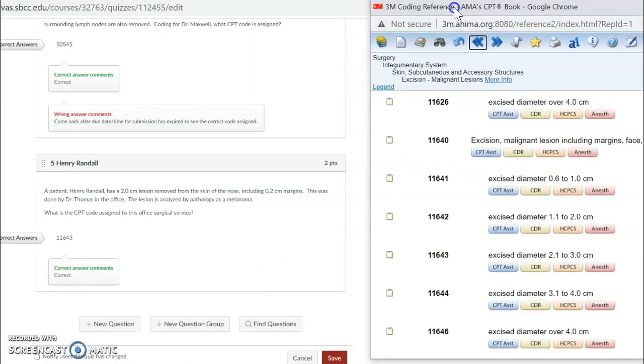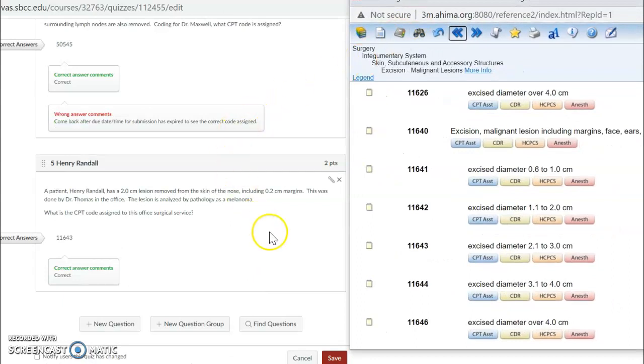Okay, so the very last one here, Henry, sorry about that. He has a 2.0 centimeter lesion removed from the skin of the nose, including 0.2 centimeter margins. So it's done by Dr. Thomas in the office, sent to pathology. It is melanoma. Keep in mind, melanoma is going to be malignant.